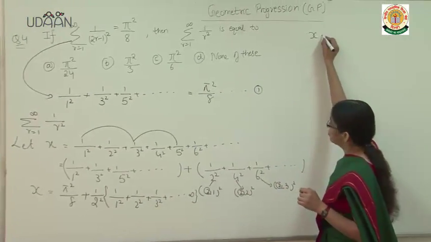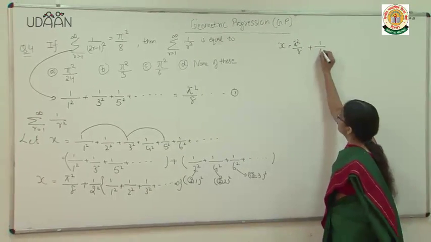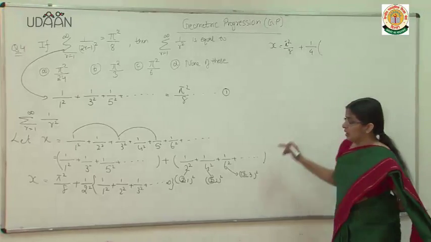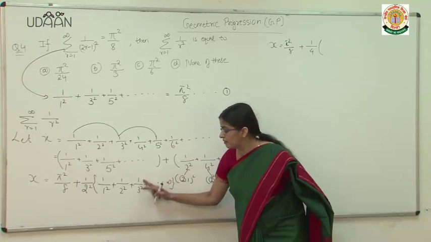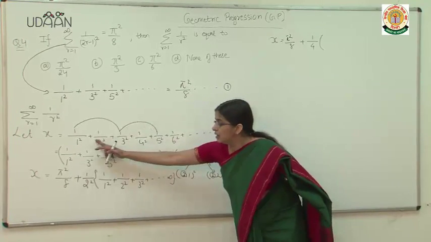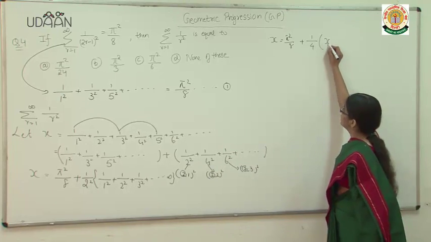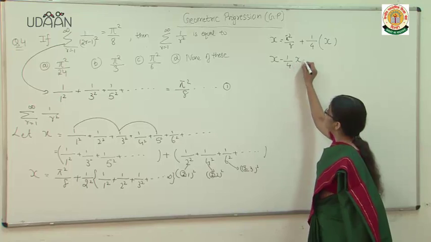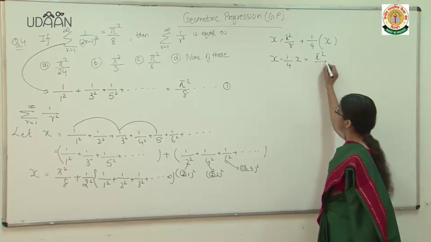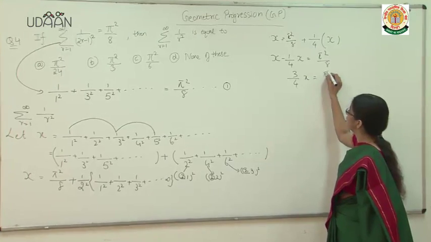We have now x equals pi square by 8 plus 1 by 4 into. Now look, what is the series? 1 by 1 square, 1 by 2 square, 1 by 3 square etc. This is our x. Put the value x. X minus 1 by 4 x equals pi square by 8. 3 by 4 x equals pi square by 8.